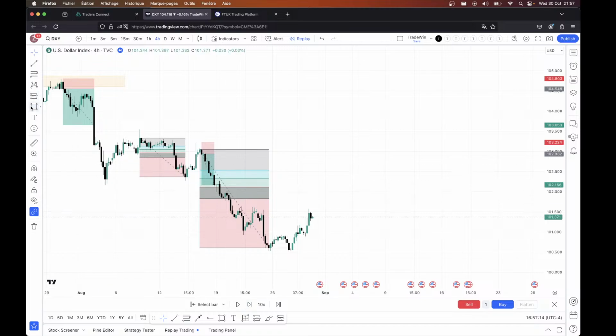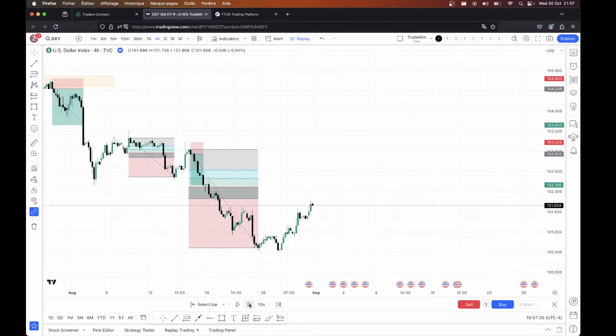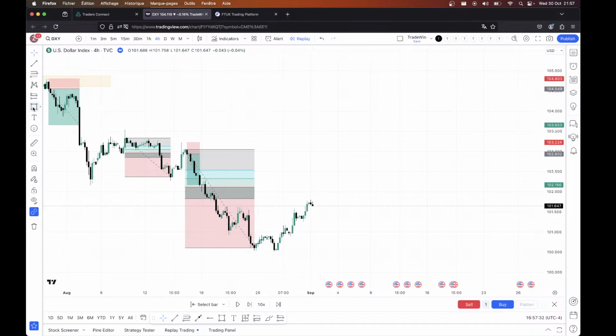Some of you might say, whoa, massive inversion here. Whoa, I want to be long. Who the hell wants to be long here when the trend is clearly down? Okay, I wouldn't take that. Oh, are we reaching the OTE zone? Not yet.